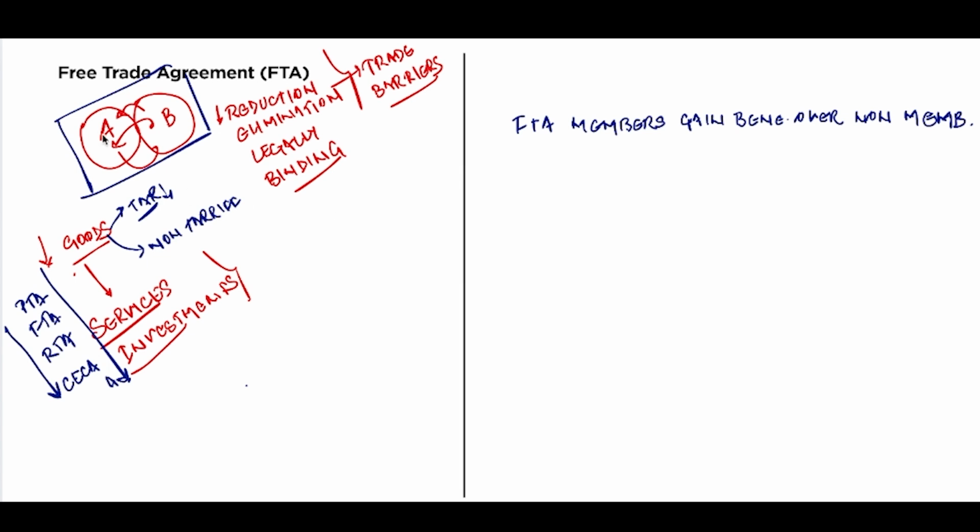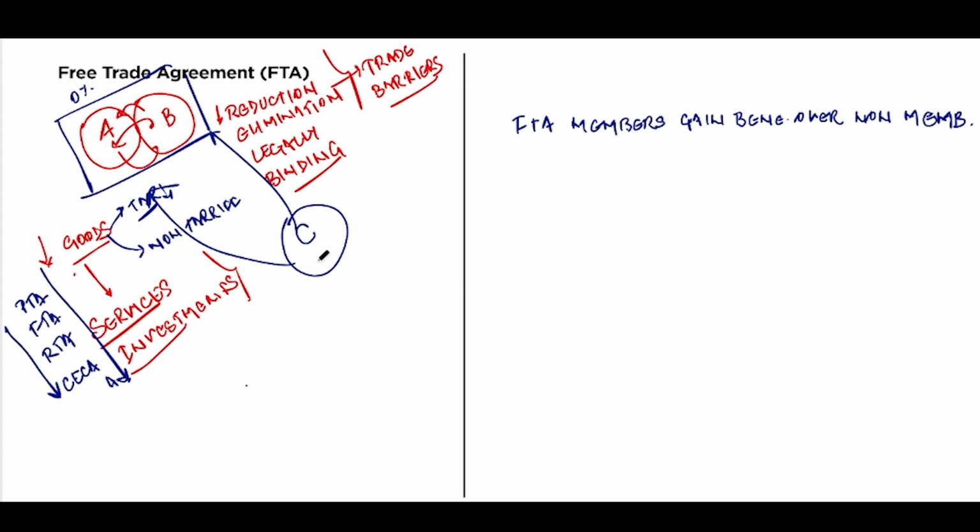So, for instance, in this particular example, if there is another country C, let's say both A and B levy 20% import duty on goods that are exported from C, and A and B enter into a free trade agreement of waiving complete import duty, which means 0% is attracted as far as their exports into each other's country is concerned.